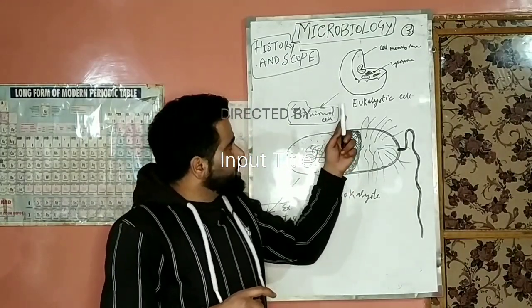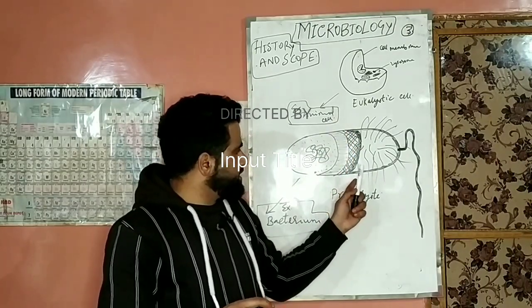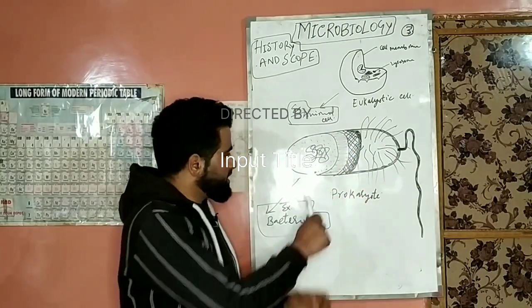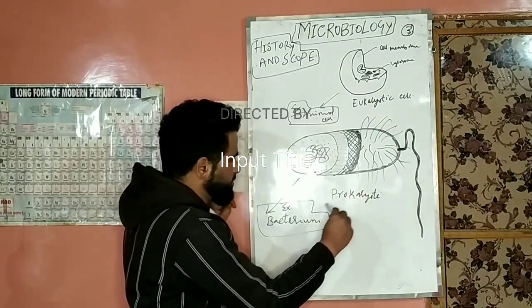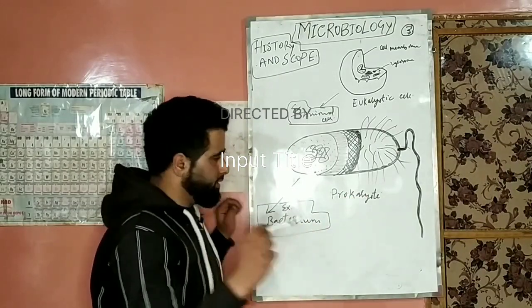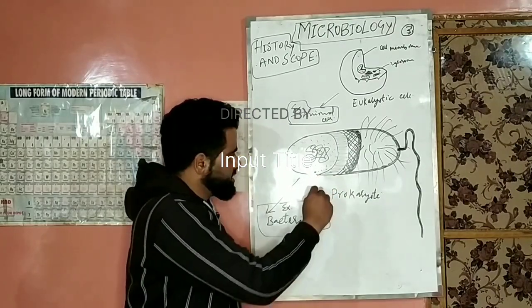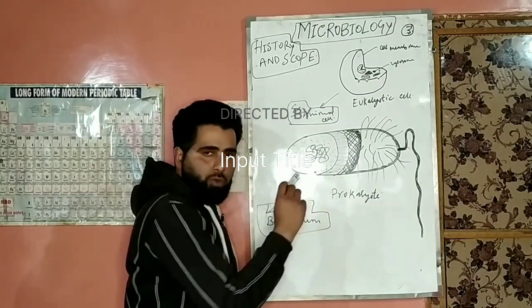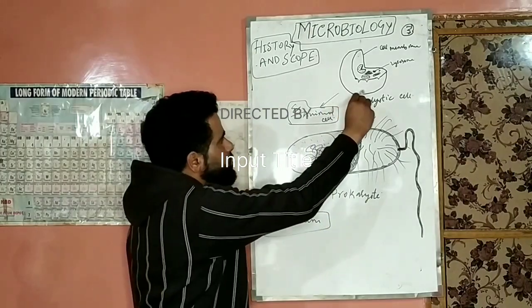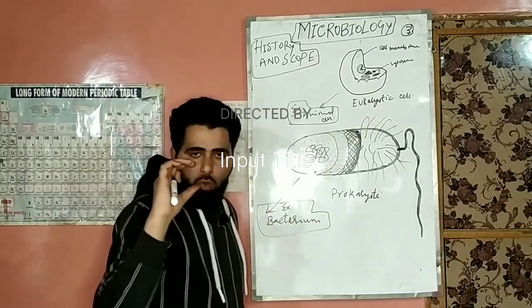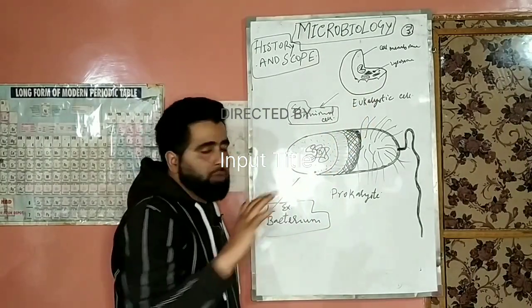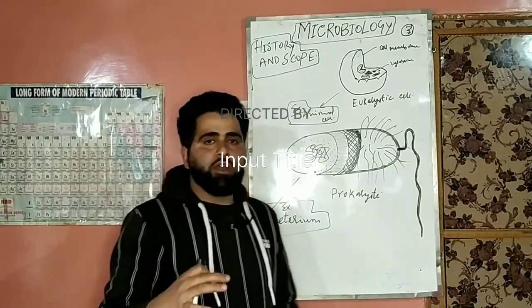This is an example of a prokaryotic cell, a bacterium. Here there is no compartmentalization and no membrane bound organelle is found. In the eukaryotic cell, membrane bound organelles are found. There is compartmentalization.